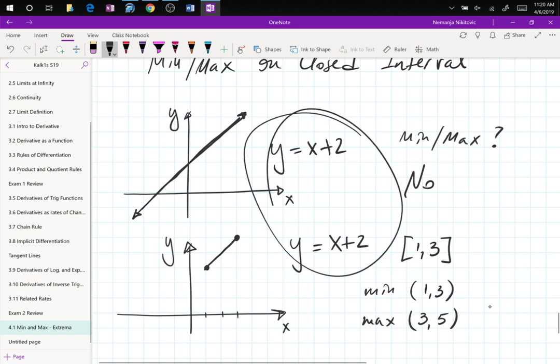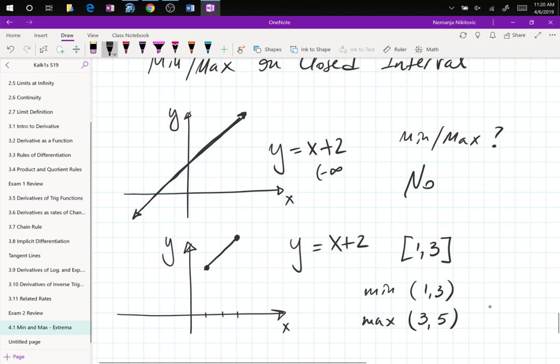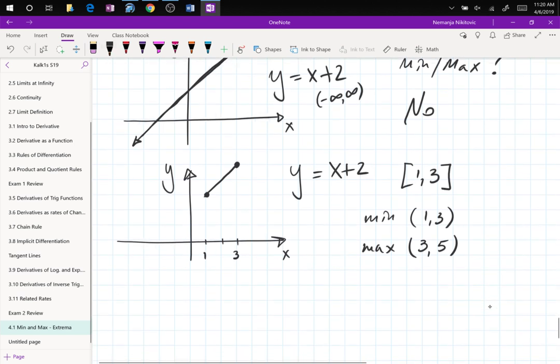So I hope you will agree it's the same function. What's different? Different is that this is on the entire domain, negative infinity to positive infinity, and this one is only 1 to 3, which created these endpoints. So all of these functions that are chopped off like this, they have to have min and max.